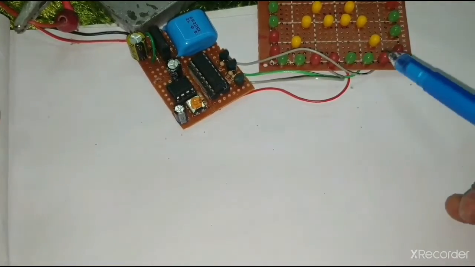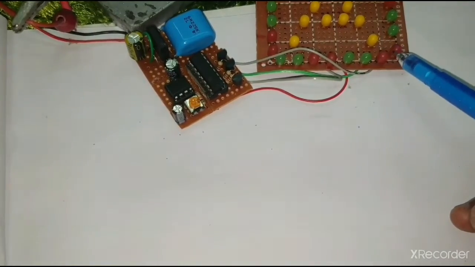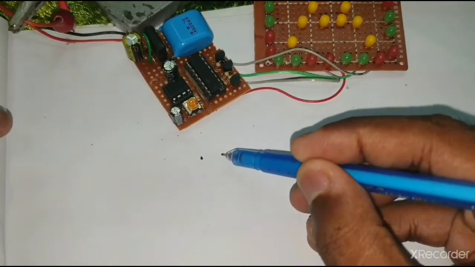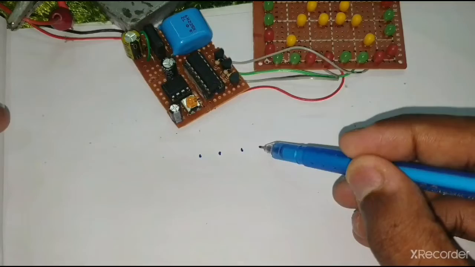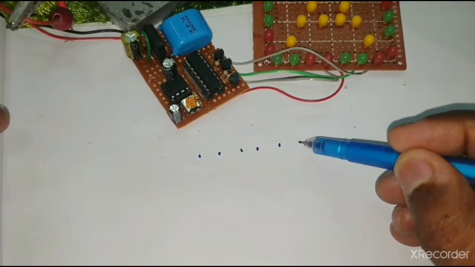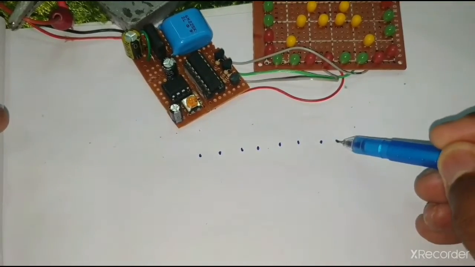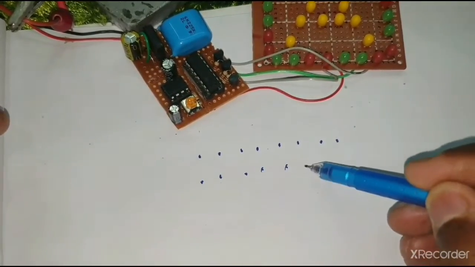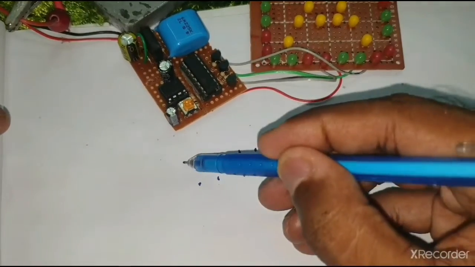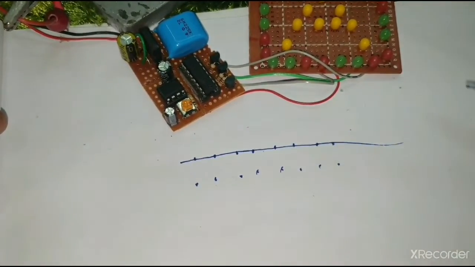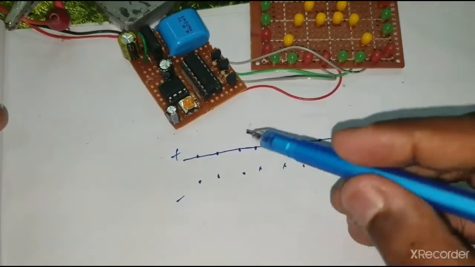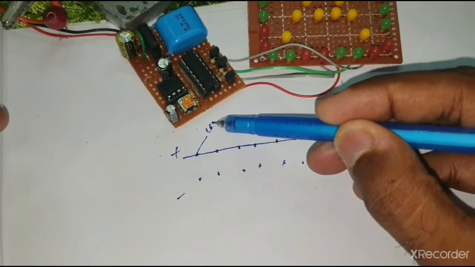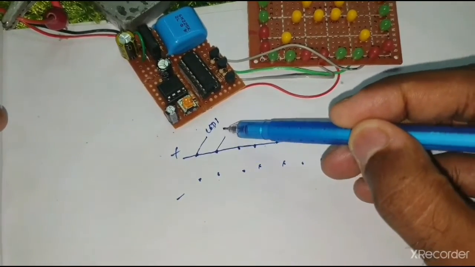Suppose here I am taking 2 green, 2 red and 2 yellow. All LED positives should be common. This is the negative. Suppose this is LED 1, LED 2.